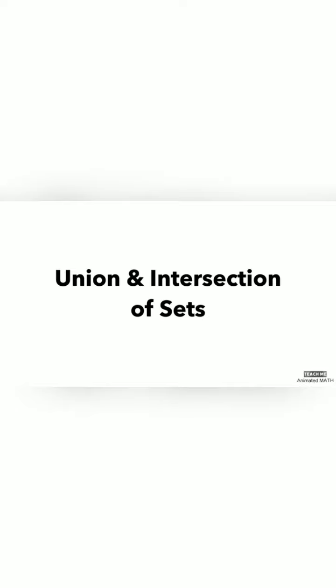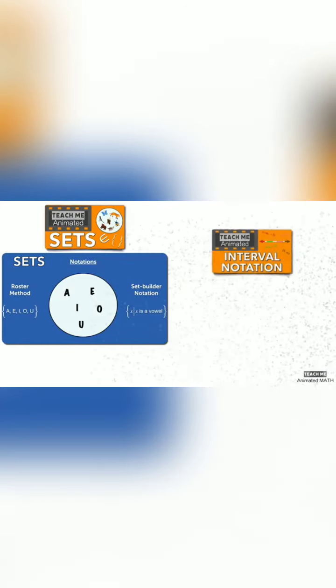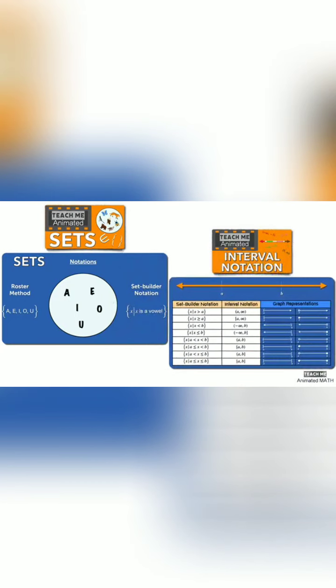Union and intersection of sets. In the sets video, we learned that sets can be represented with the roster method and the set builder notation. In the interval notation video, we learned sets can also be represented with the interval notation and graph representations.